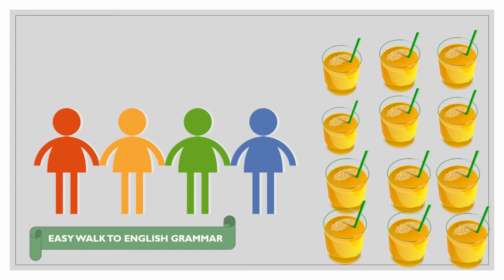When you count the glasses of juice, you can see that the host, or we, expected at least 12 persons to attend the party. But only four people arrived.